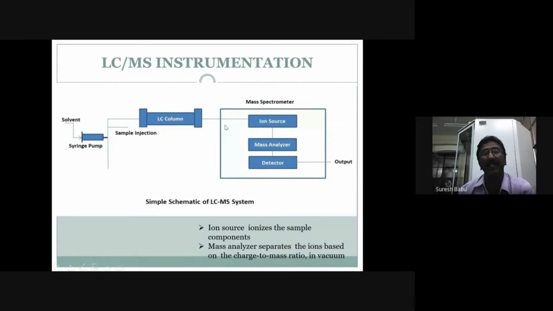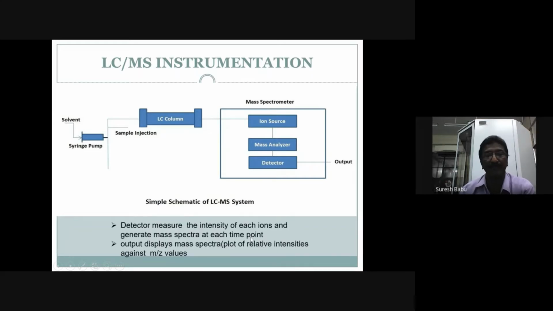It ionizes the components into ions. Then the mass analyzer separates and analyzes the ions, and the detector detects the ions. Then the output is a graph of m/z values against intensity.